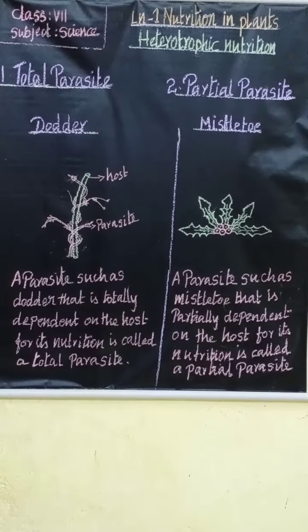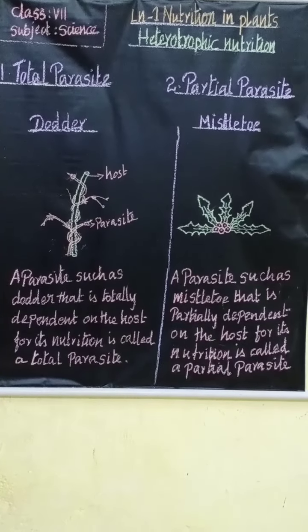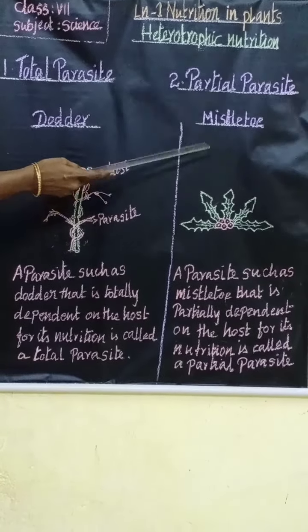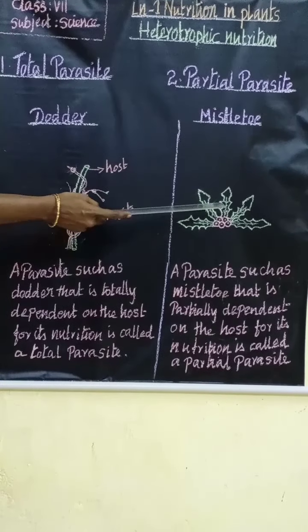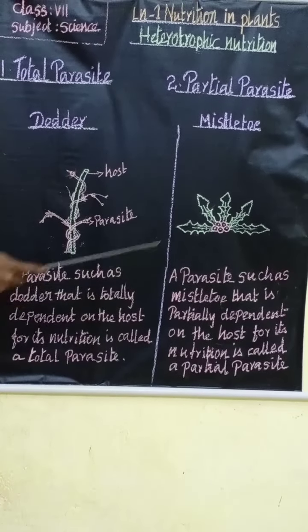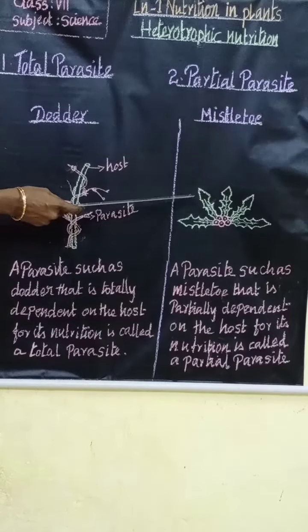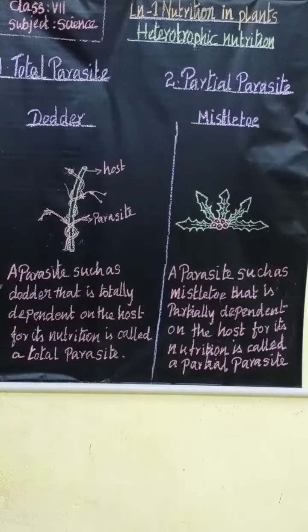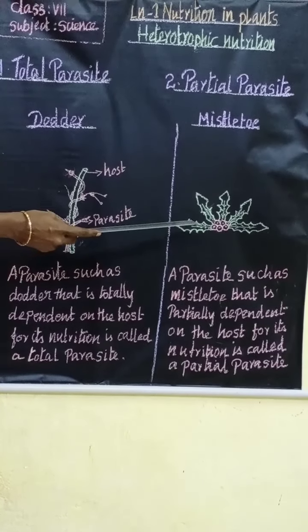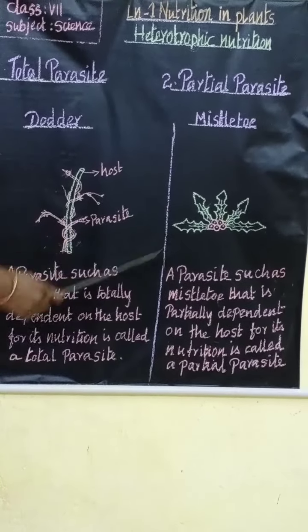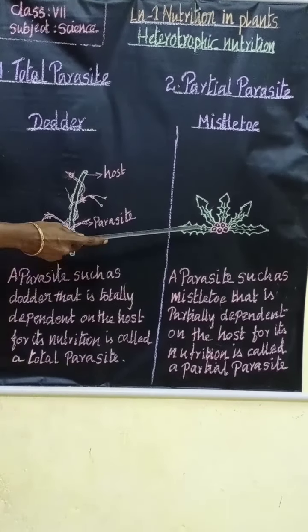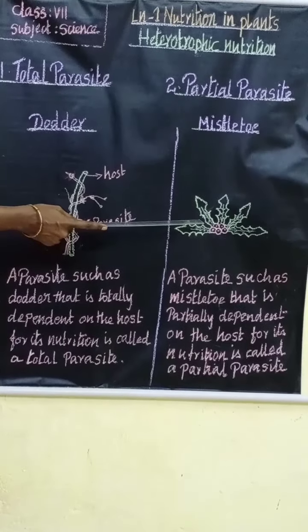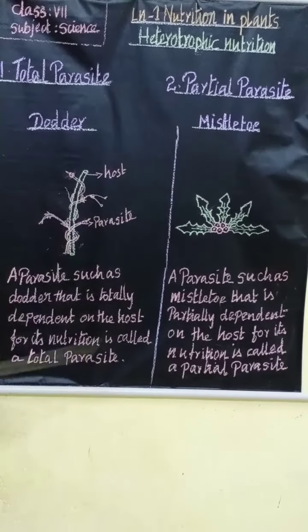Mistletoe is a common name for a parasitic flowering plant that grows attached to and within the vascular system of a tree. This plant is growing on a tree.